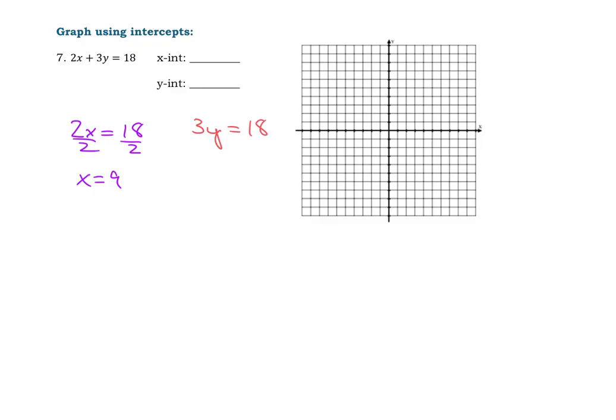So an x-intercept is on the x-axis, so I would write that as 9, 0. Now the y-intercept, I solve this one, divide by 3, and that equals 6. Y-intercept is on the y-axis, and so the way that would be written as a point is 0, 6. All I have to do is connect those points, and I have a line graphed.